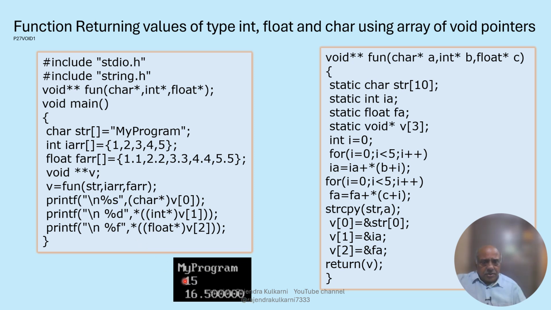So what output do we get? First printf gives us my program, which is actually the value stored in str array of function fun. 15 is the value that will be stored in IA, which is actually a summation of all the values stored in IARR array, and 16.5 is the summation of elements of FARR array returned by the function.